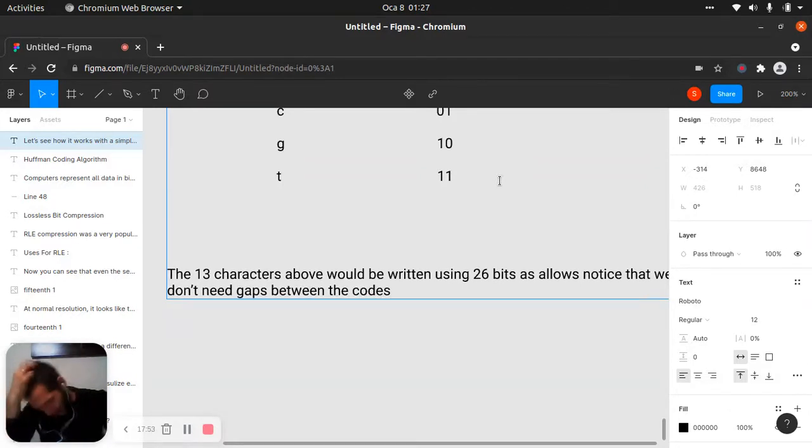We don't have any space, so no empty interval between the codes for each character. So the 13 characters above would be written using 26 bits.